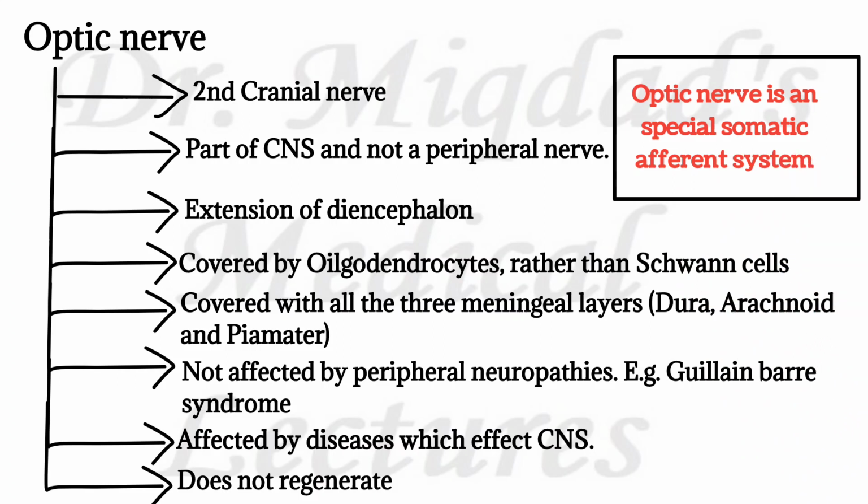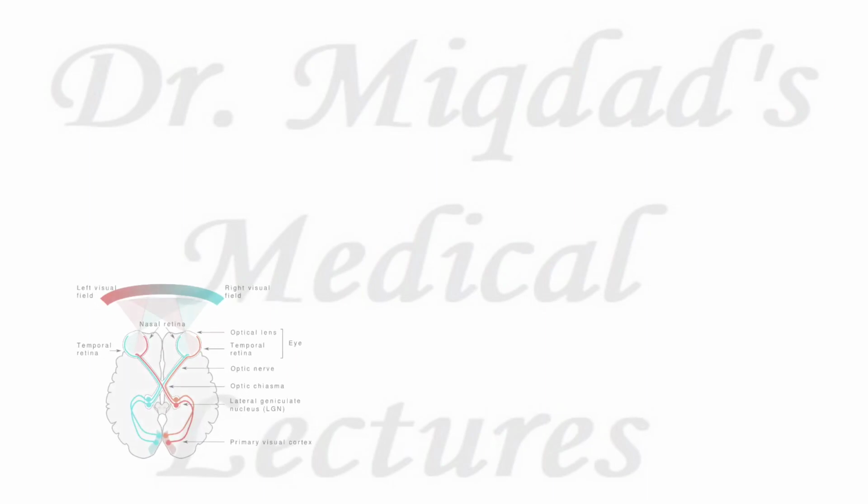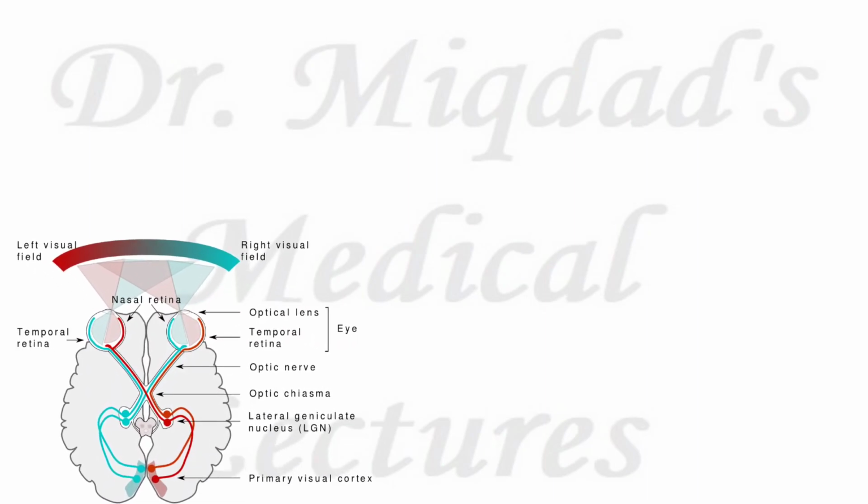So the primary visual pathway starts from rod and cone cells, whose fibers synapse with dendrites of bipolar cells. These bipolar cells act as first order neurons in the visual pathway. Then the axons of bipolar cells in turn synapse with dendrites of retinal ganglion cells, which act as second order neurons in the visual pathway.